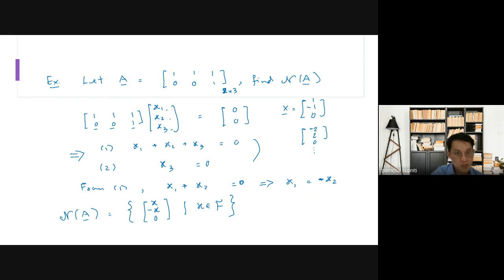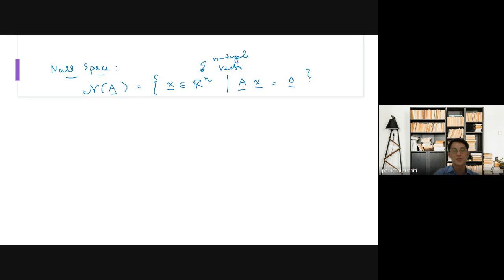Formally, we define the null space N(A) as the set of all x vectors in R to the n, where R to the n means there are n elements, or n-tuple vectors, such that A multiplied with x is equal to the zero vector, where A is an m by n matrix.